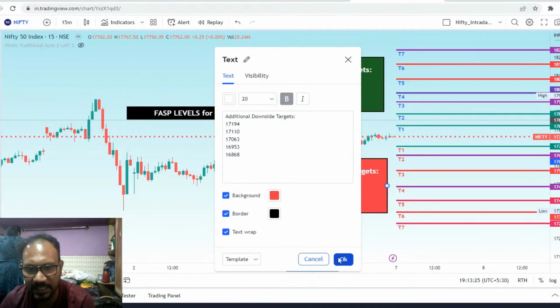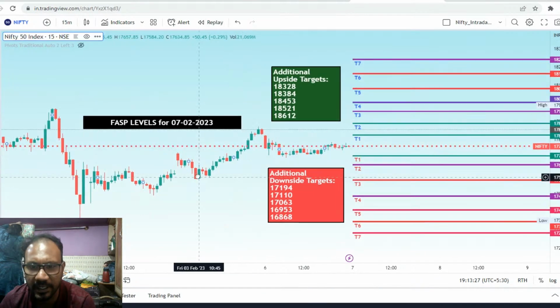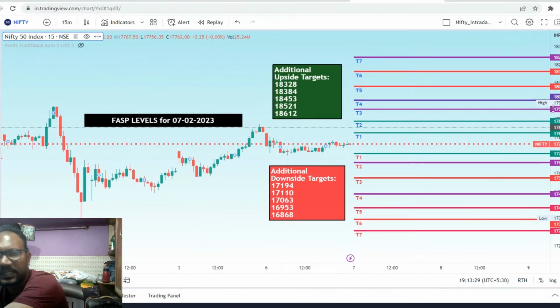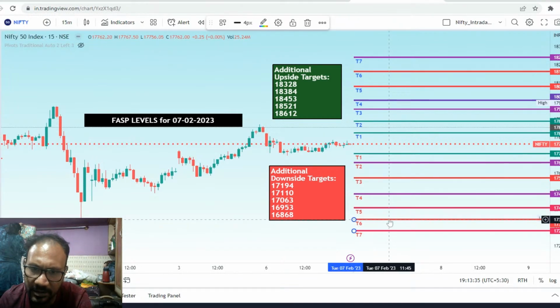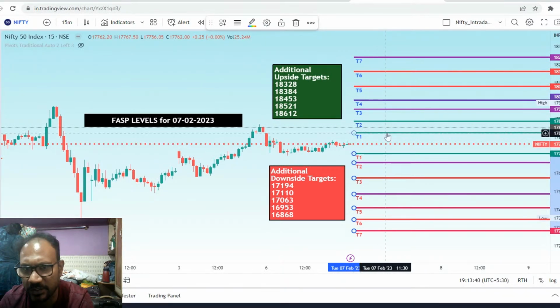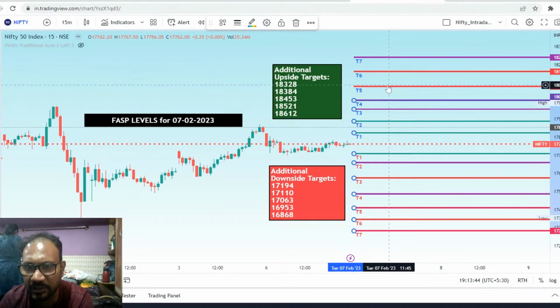Right, these are the levels for tomorrow. And we have also drawn the additional targets, everything. I'm going to map it into my intraday trade setup, and then that's it. If you have any questions, you can ask. Otherwise, we are at the end of the mapping.